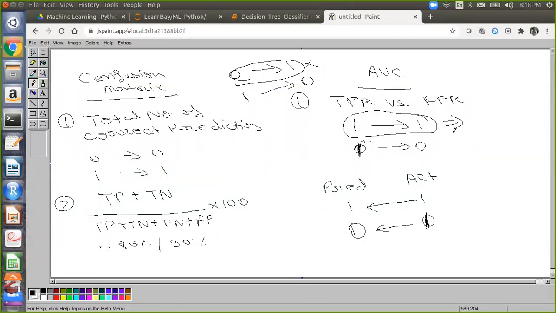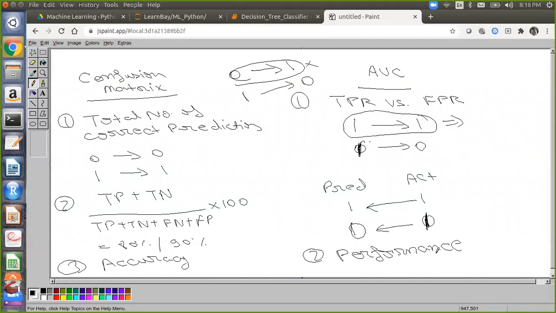So basically, confusion matrix talks about the accuracy of your model, and area under the curve talks about the performance of your model. Performance is nothing but how good your model is at segregating ones as ones and zeros as zeros. Confusion matrix is how your model is able to predict zeros as zeros and ones as ones. So one is accuracy, one is a performance metric.